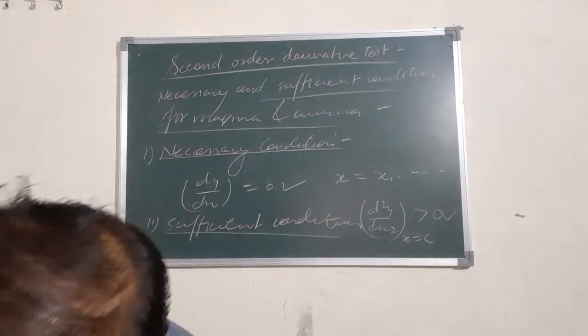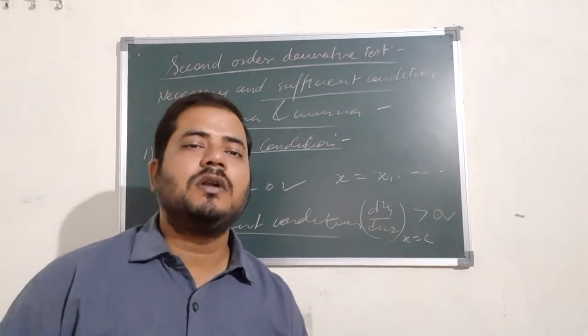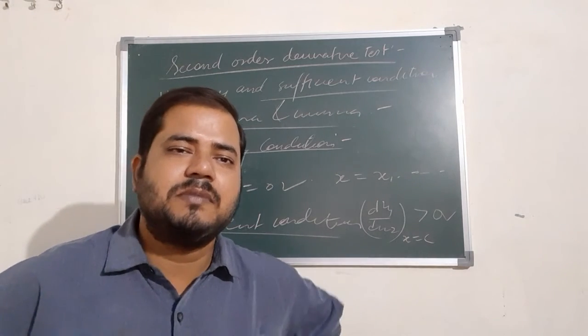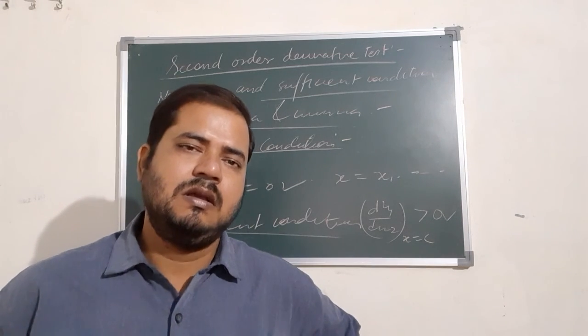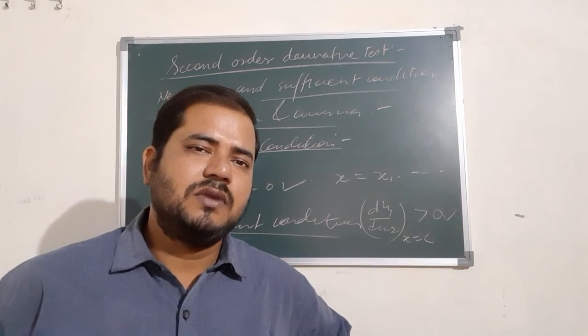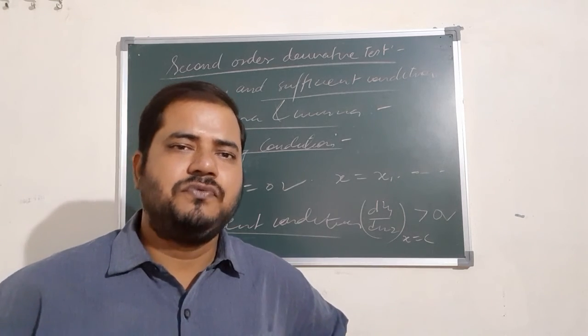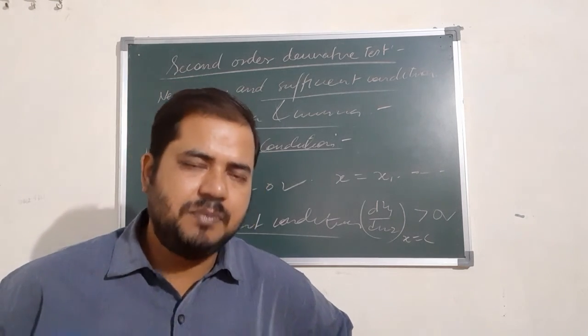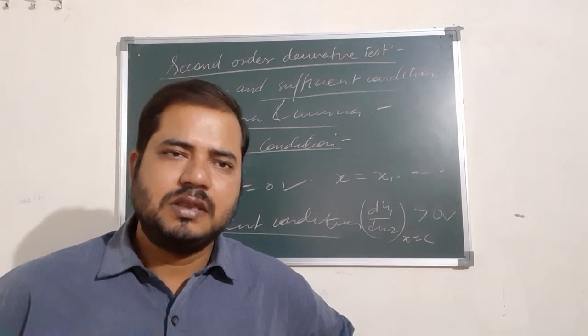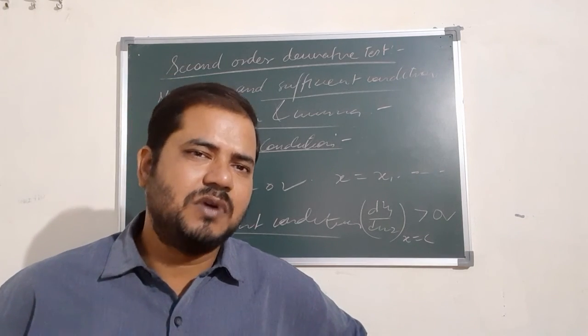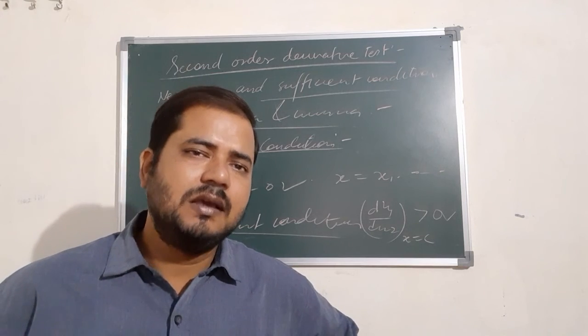So what is the working rule for this particular second order derivative test, that means necessary and sufficient condition? You have given the function y is equal to f(x). First you find f dash x, that means dy by dx, and put it equal to 0, then you will get the values of x, whatever the values, x1, x2.